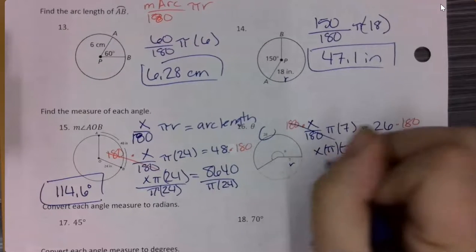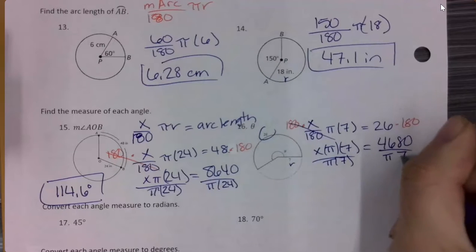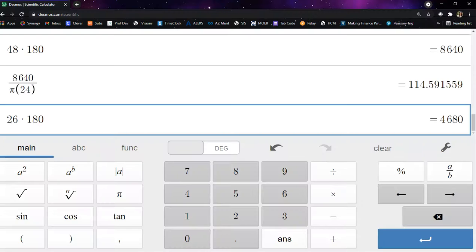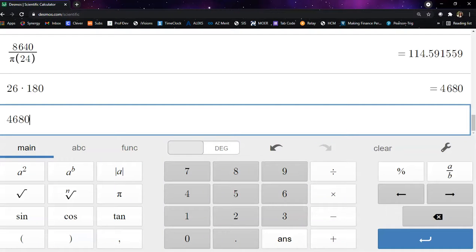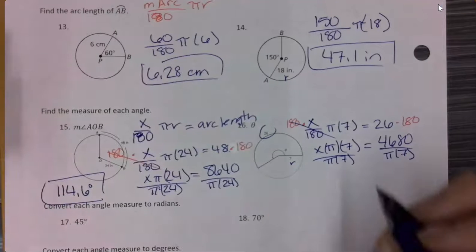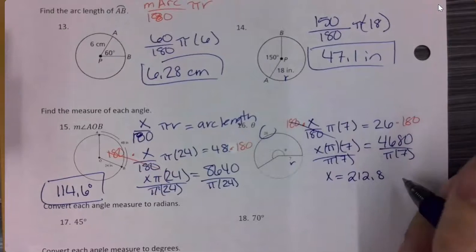Then I want to go ahead and divide both sides by pi times 7. Which gets me 212.8. And this is degrees.